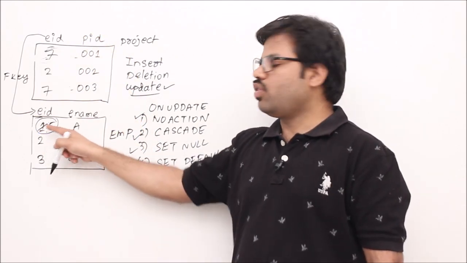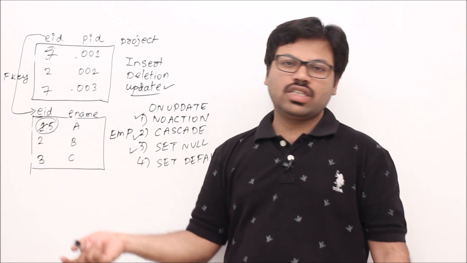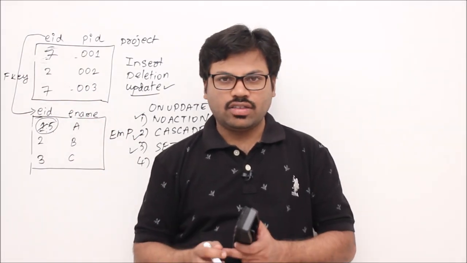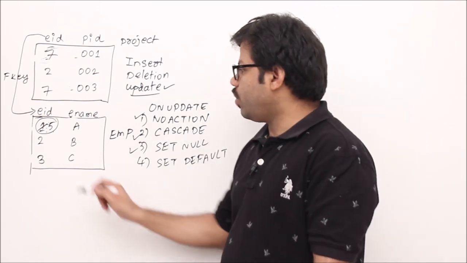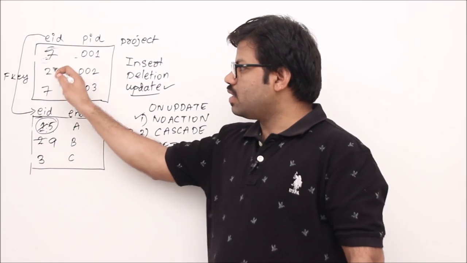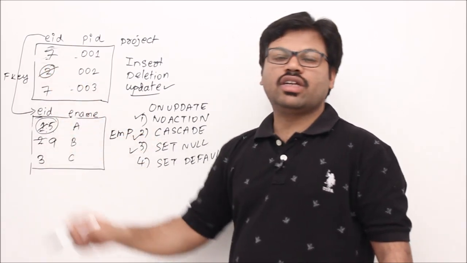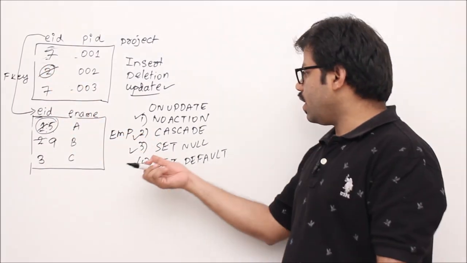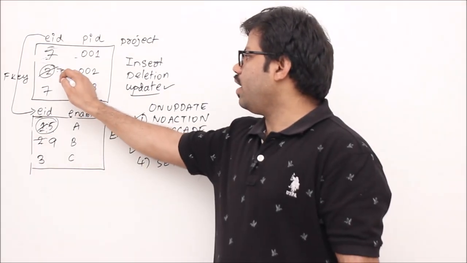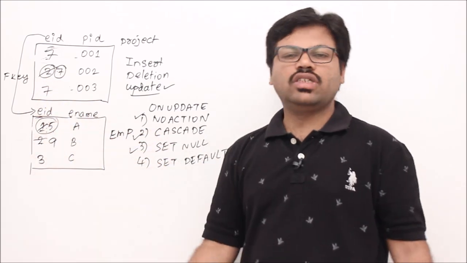For example, if you change 1 to 5, all the ones there will be changed to 5. Next, on update set null: if you update, for example, 2 to 9, then 2 is referred to by someone here, so that will be set to null. Then on update set default: instead of null, it will be set to the default value, which is 7.